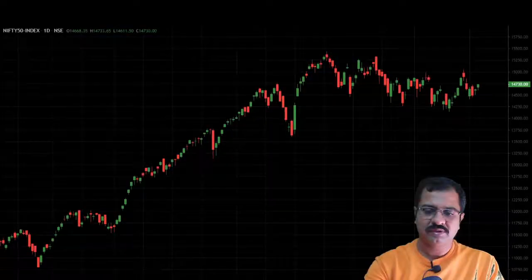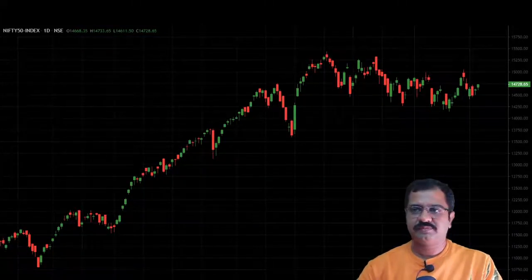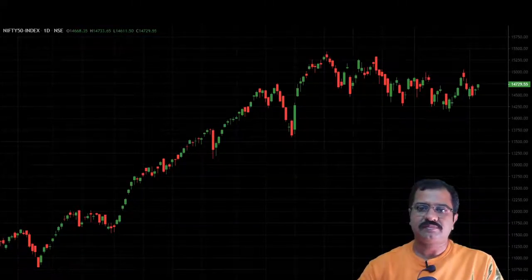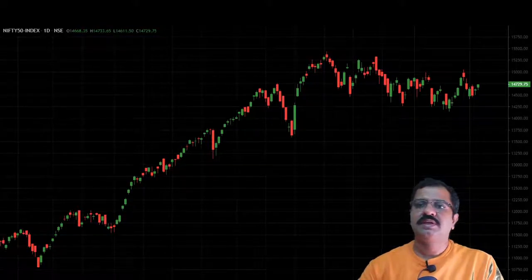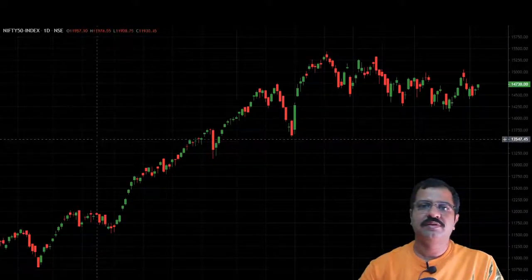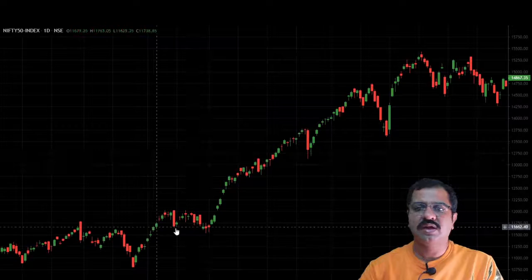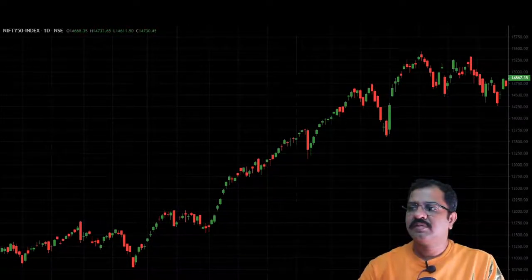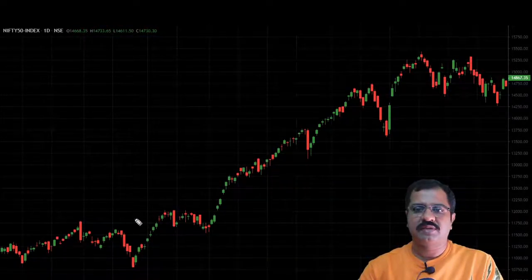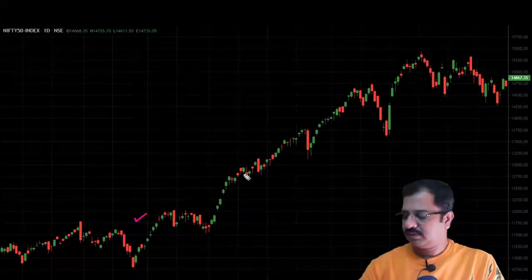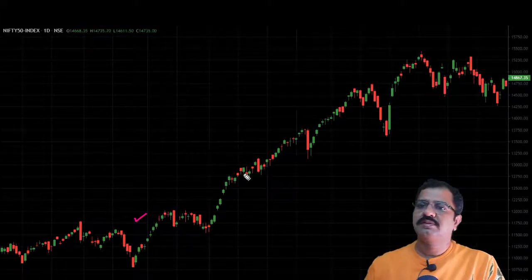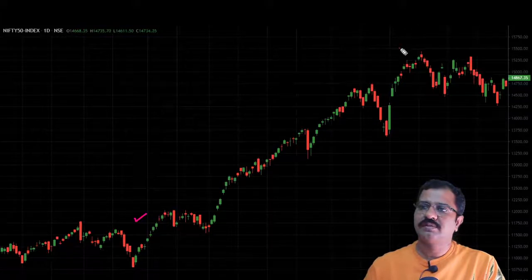Let me take you directly to the chart. This is a chart of Nifty, and you can see a good uptrend from around this point till somewhere here, right?